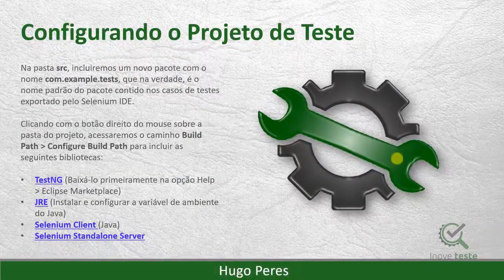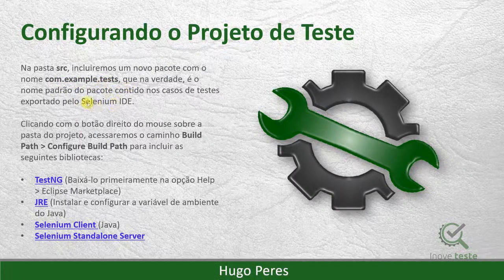Hello! Continuing here to elaborate our test project, we will now set it up so that it can successfully receive the import of our test scripts. The first thing to be done is to include in the src folder of our project a package named com.example.tests.